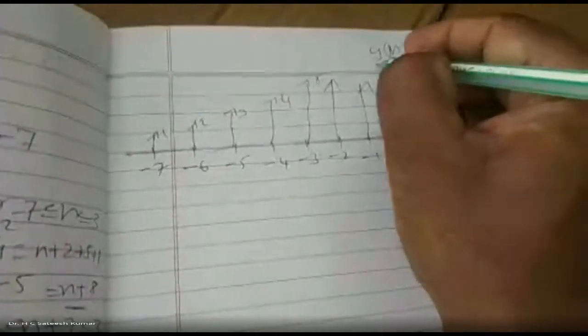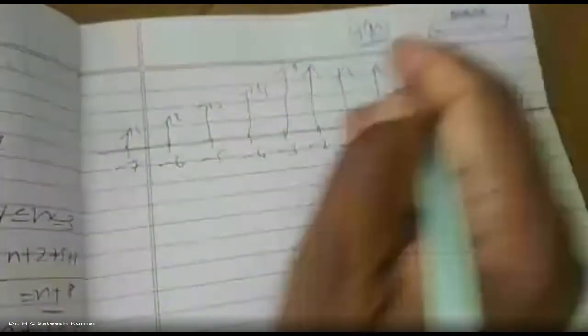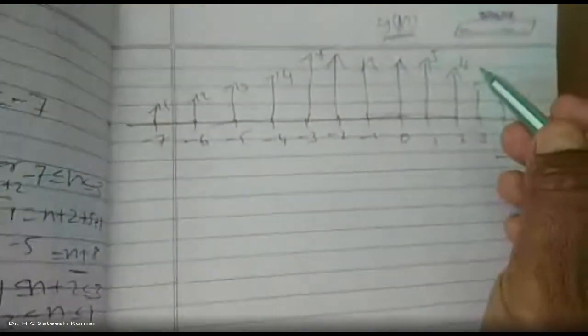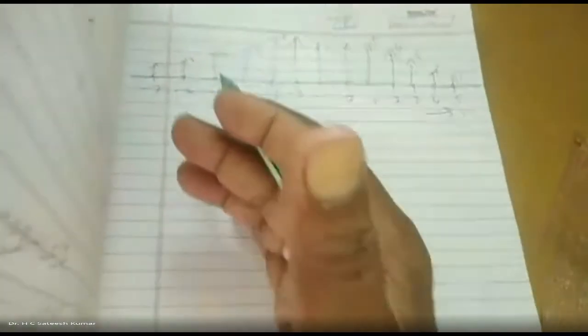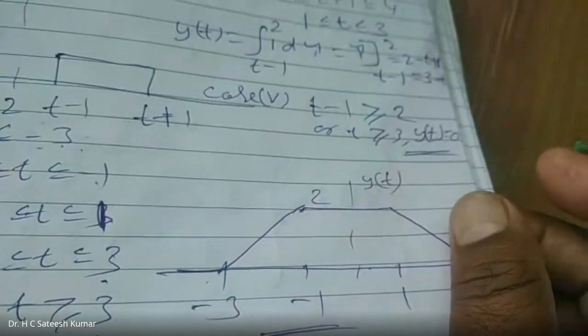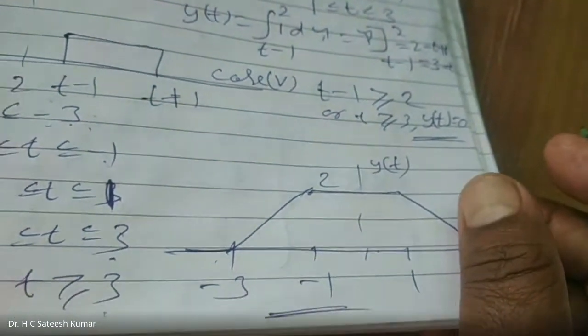That's how we should do the problem. So this is the sketch. See, 0, increasing, constant, decreasing. It is similar to the earlier problem we did. I'll show you that in continuous. See this. This is a problem. 0, increasing, constant, decreasing. So both the widths are unequal and finite. So that's how we should do the convolution of any two signals.